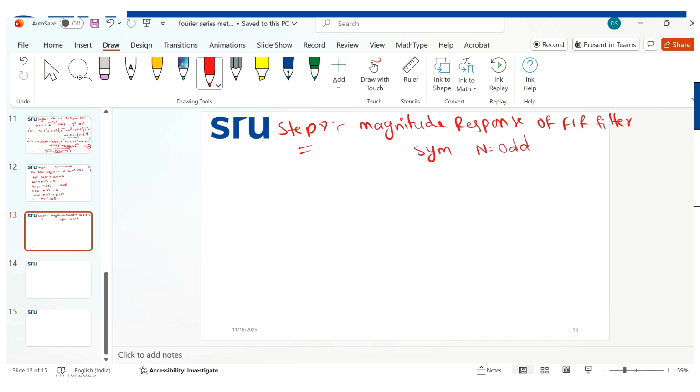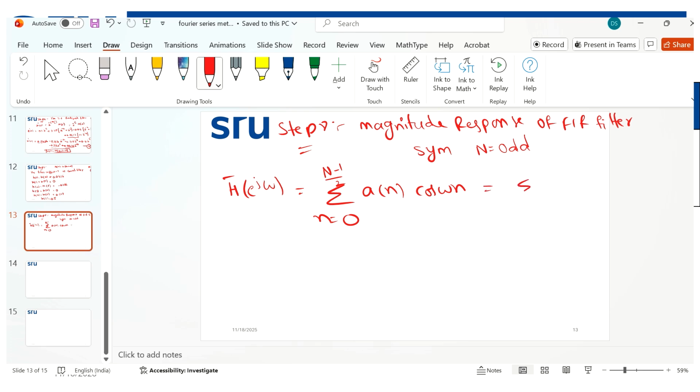From yesterday's class we have discussed the table where n is odd and the given response is symmetric in nature. From that we have H of e power j omega is equal to summation n equal to 0 to (N minus 1) by 2 of a of n cos of omega n.